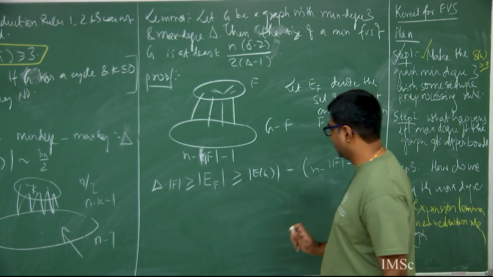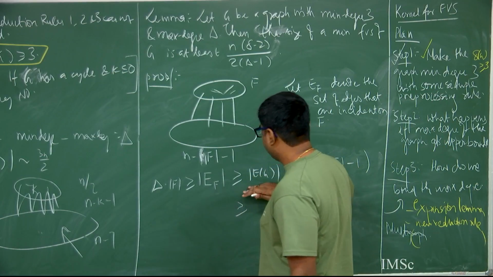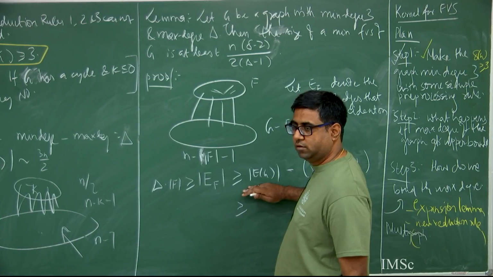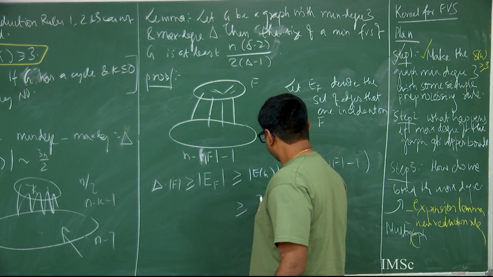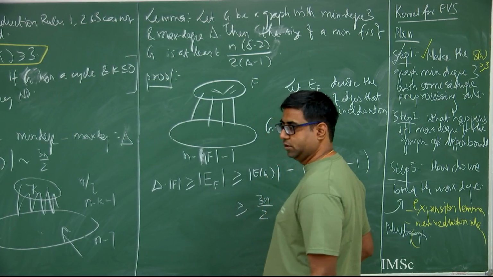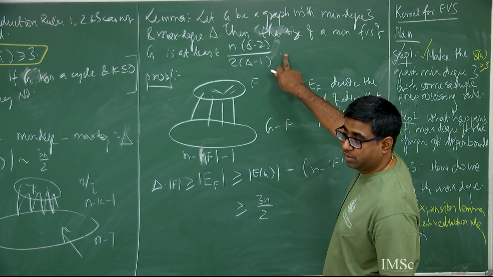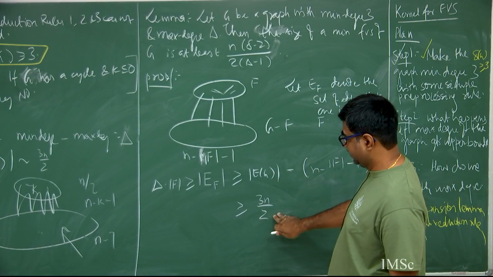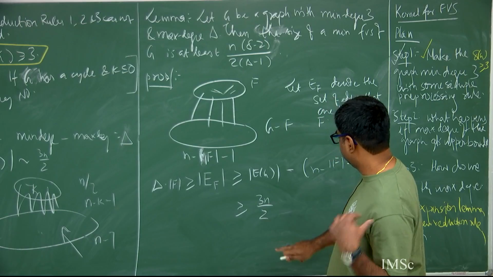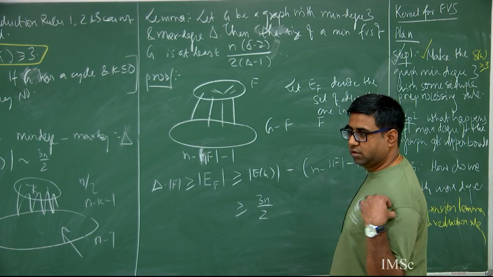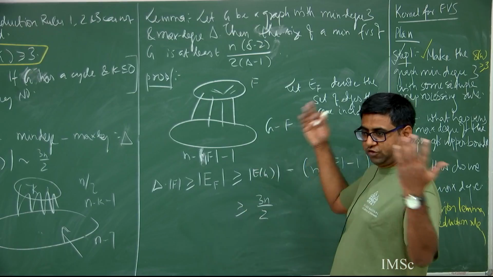Okay, very nice. But what is a lower bound on E(G)? 3n by 2, right? Because the graph has minimum degree 3. So the number of edges, this number is correct. Is it correct? Yeah, because this is a lower bound. It could be many more edges.